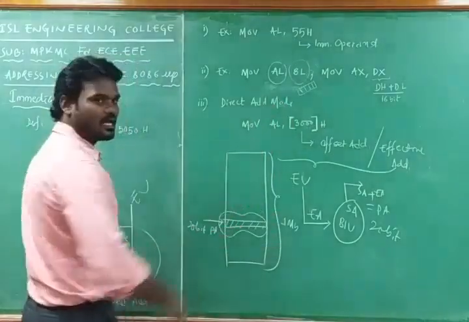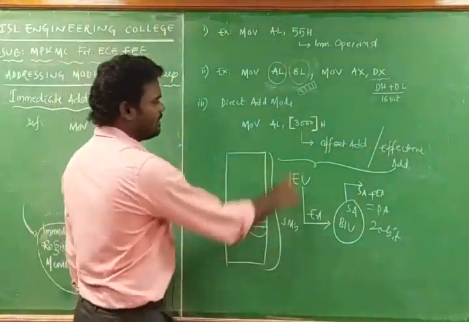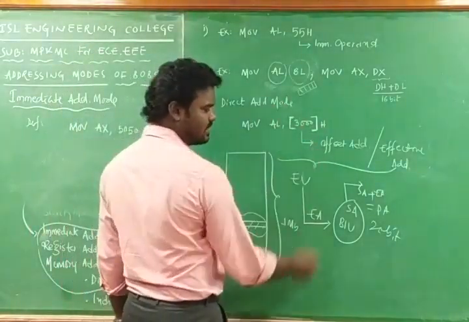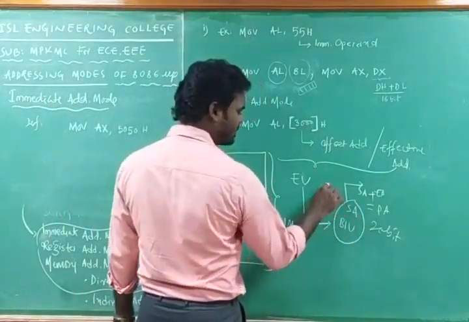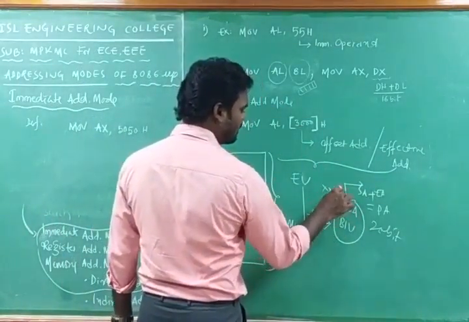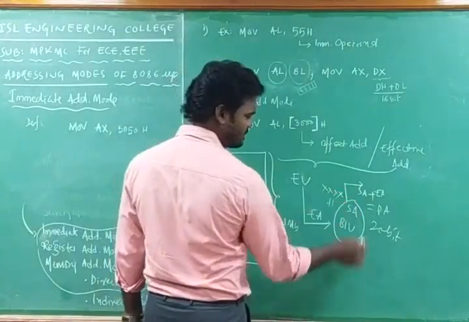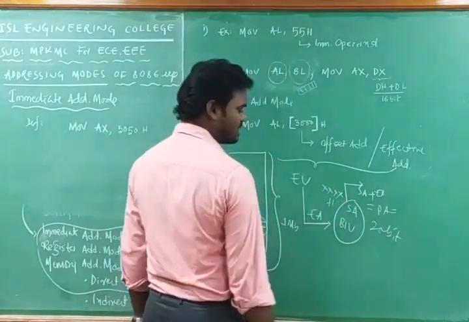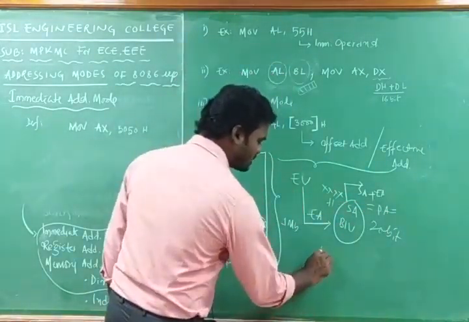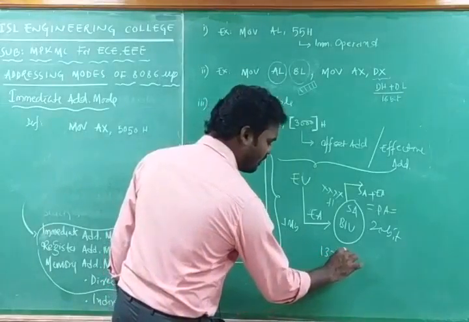into the destination operand. For example, this is 3000, and the effective address is some offset, and the segment address is 4xh, and the physical address we got is 13211H.